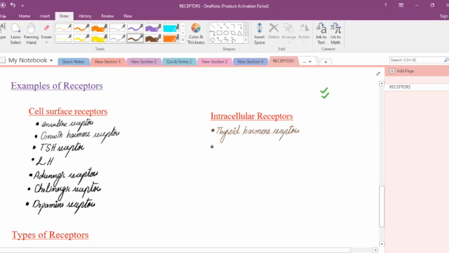Next one is androgen receptor. The next one is estrogen receptor. You people have to remember these examples. Testosterone receptors.